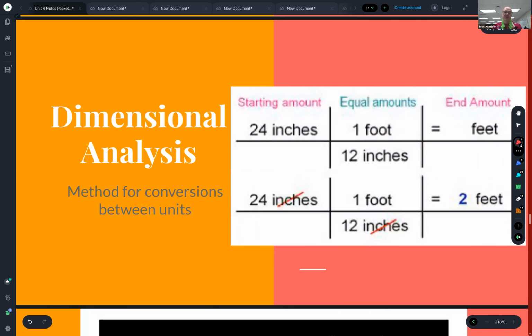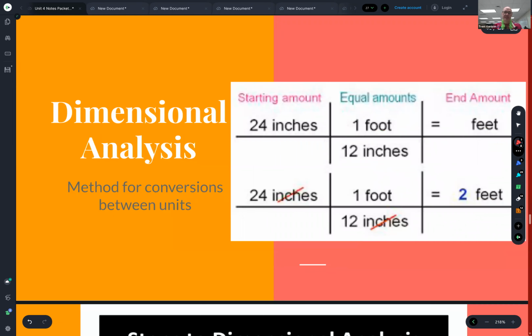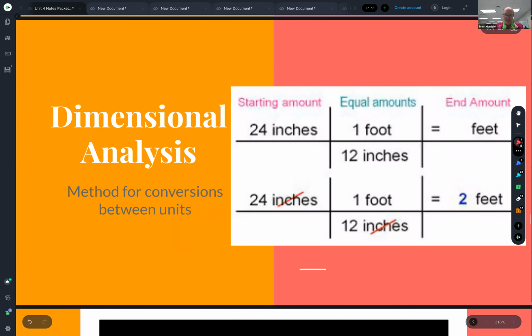Next comes a little bit more confusing process, dimensional analysis. There are 2 ways in which we can sort this out, and you have to choose which is best for you. I'm going to suggest one, but this is the proper way to do it. We need to understand in dimensional analysis, like we did in the first unit, it means that you are converting from one unit to the next.